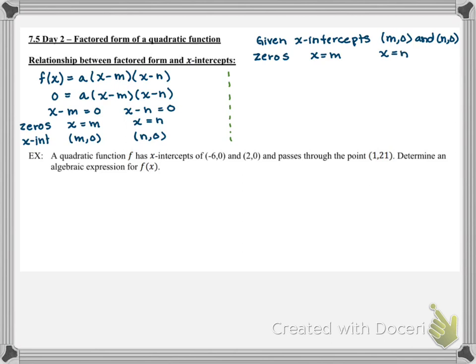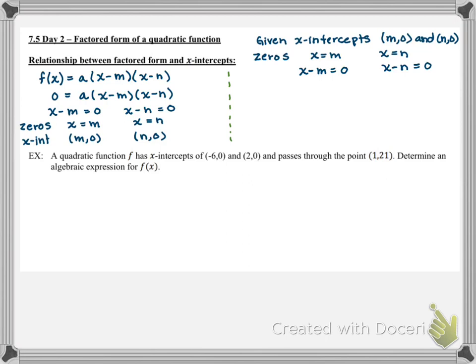And those are both equations, right? So if I want to get a 0 on one side of each of those equations, on the first one I would subtract m from both sides to get a 0 on the right. So that would give me x minus m equals 0, and subtracting n from both sides gives me x minus n equals 0.